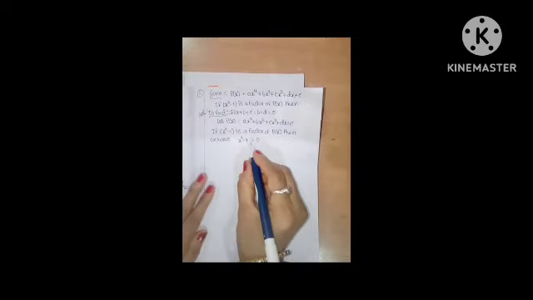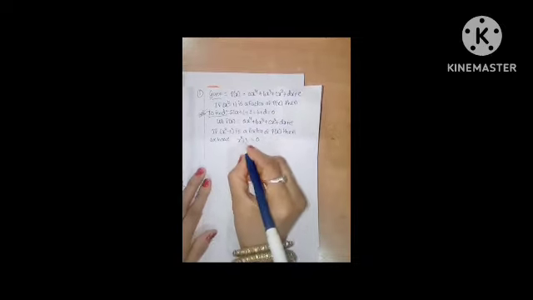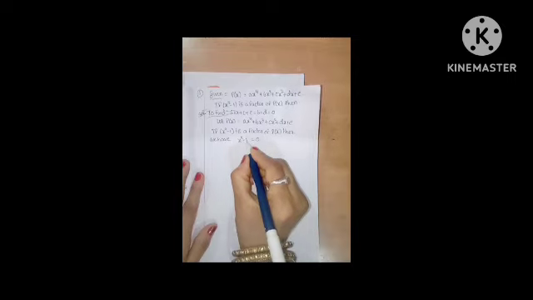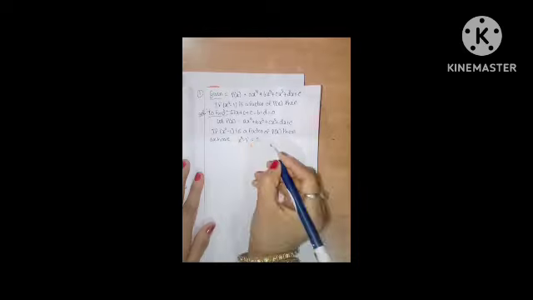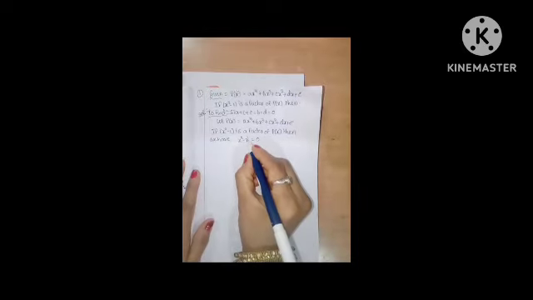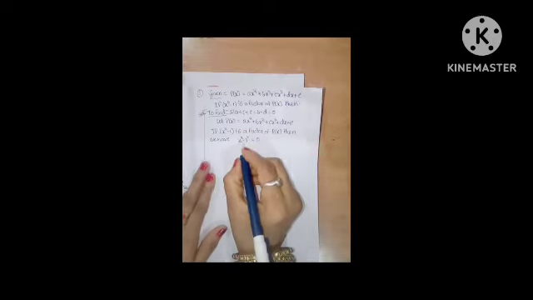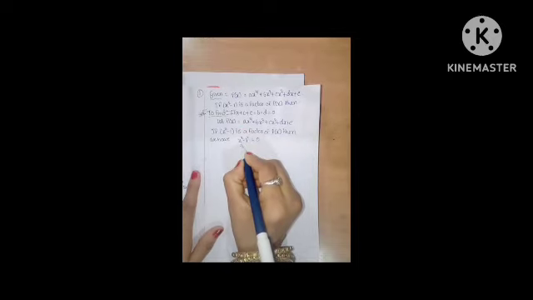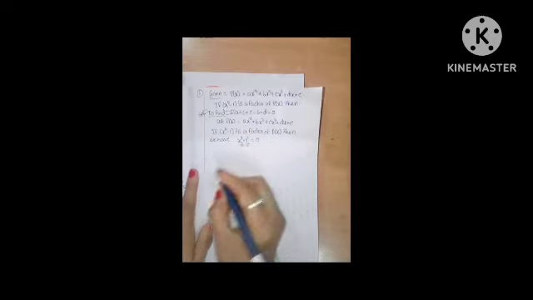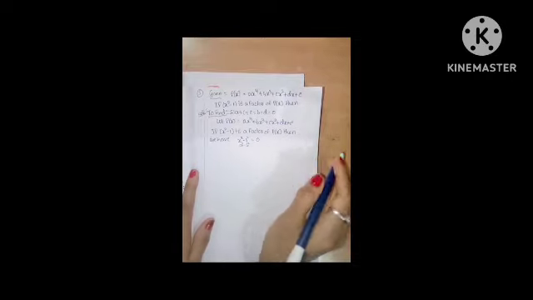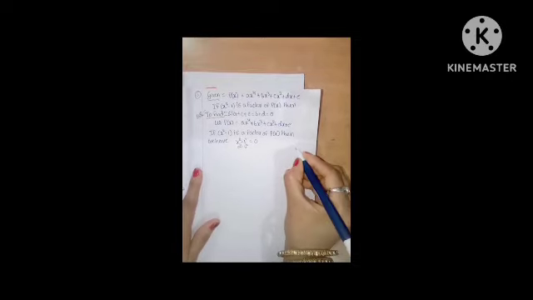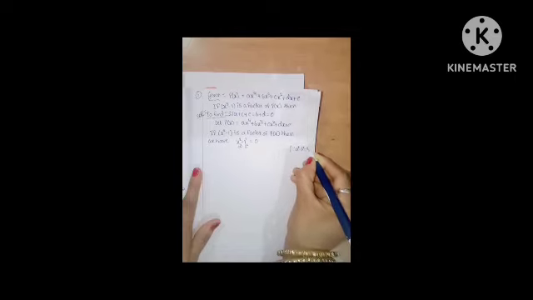This is in the form of a square minus b square, where 1 can be written as 1 square. Both are squares, yes. So this is in the form of a square minus b square. What's the formula? By using a square minus b square equal to a plus b into a minus b.